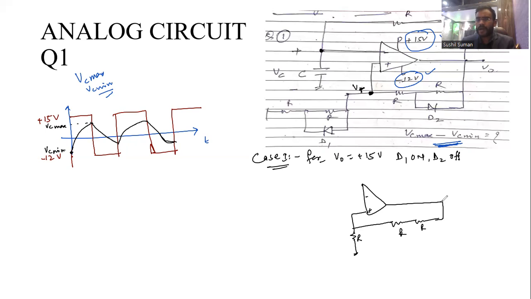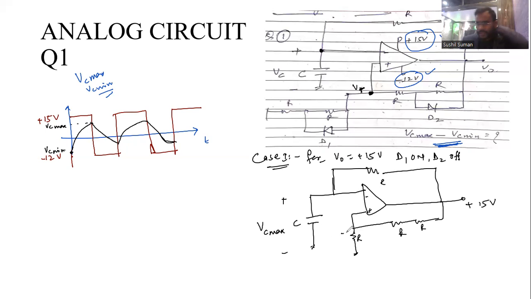Now the output potential is plus 15 volt. Let's say this is the capacitance, and its value is nothing but VC maximum, and this feedback resistance is R. Let's say this potential is VC max.